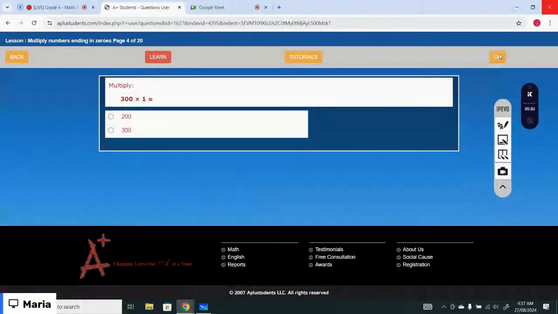300 times 1. So which is the correct option? The correct option is any number when multiplied by 1, the number stays the same.